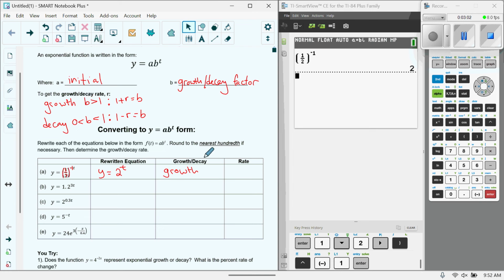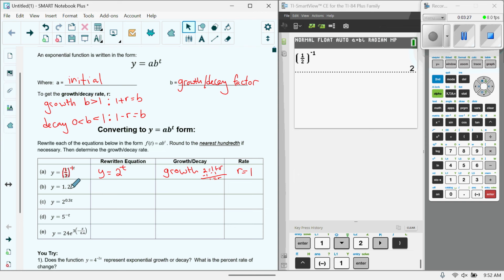And if you want to find your rate, you would need to set up the equation 2 equals 1 plus r, and then solve for what r would be, and you would get 1 equals r. So your rate is 1 or 100%. This is growing by 100%, which means it's doubling. Anyway, let's try the next one.